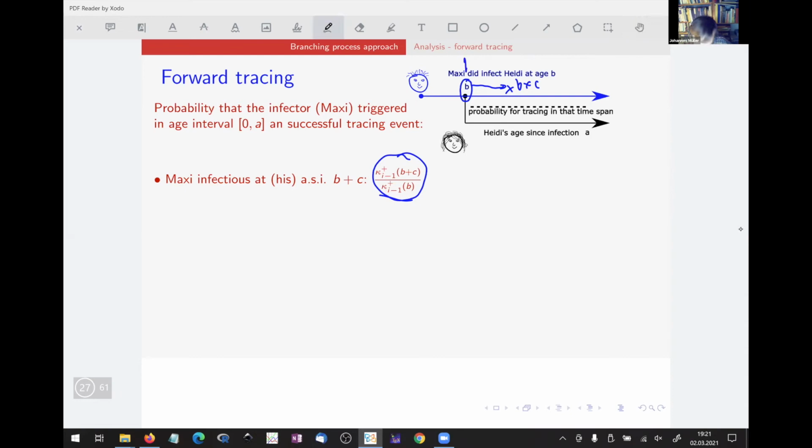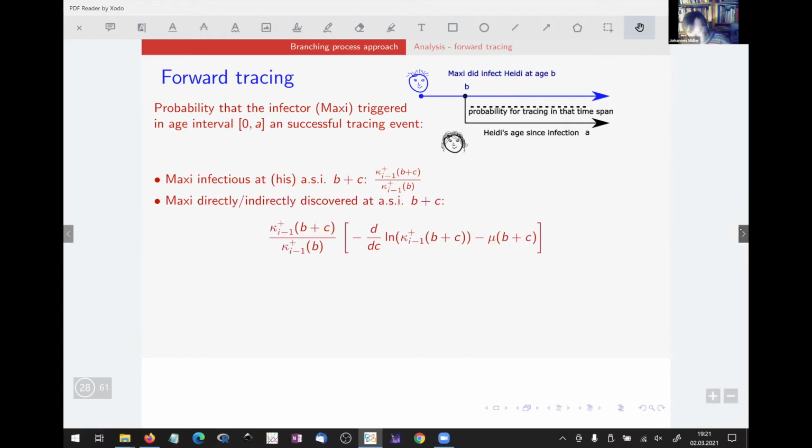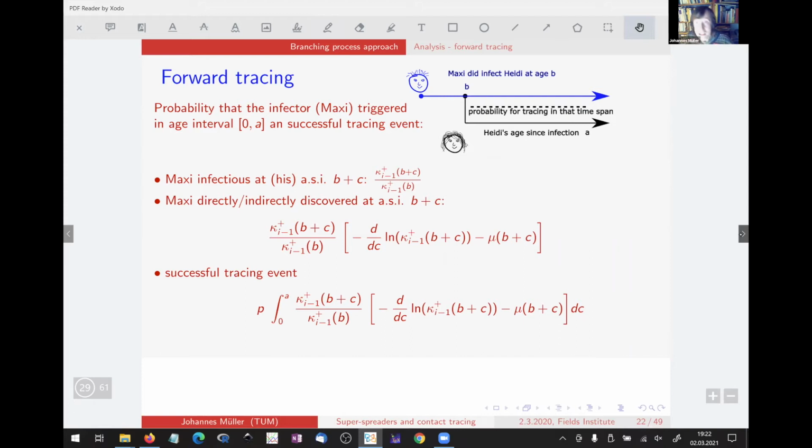Then, if he is alive at age of infection B plus C, there is the rate of direct or indirect observation of Maxi, the same argument as before. From here, we just integrate over C from 0 to A to get the probability of a tracing event that triggers Maxi, and we multiply by P, the probability that the tracing event is also successful. And then we are done.